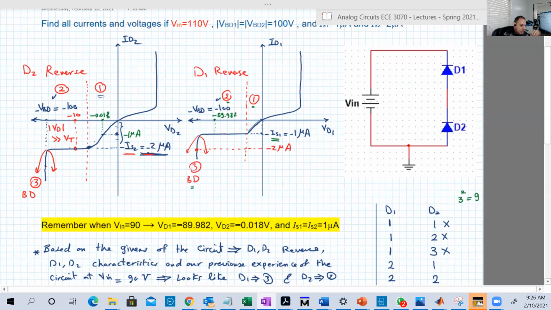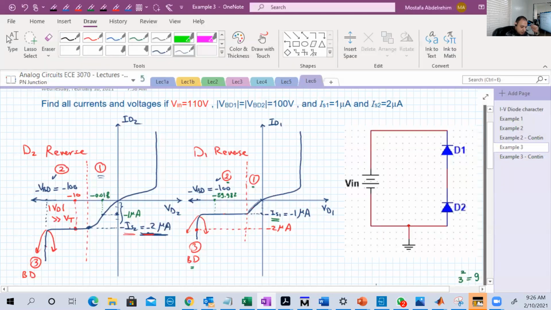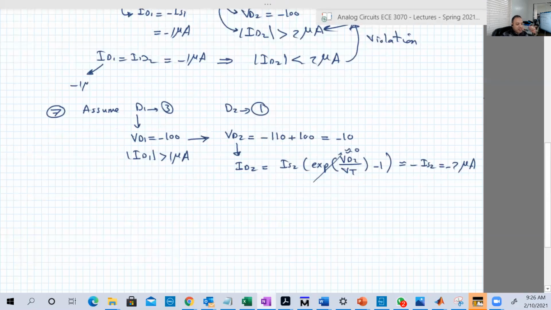But for me, it's much safer to assume that D2 is in region 2, away from region 1, because in region 1 you will find that the values for VD are comparable to VT.